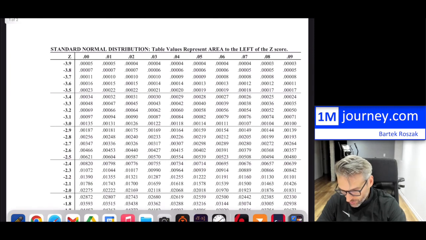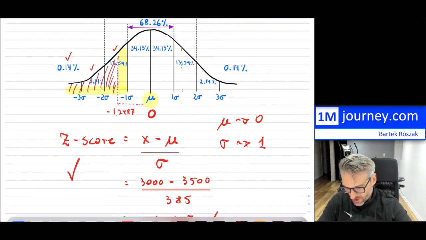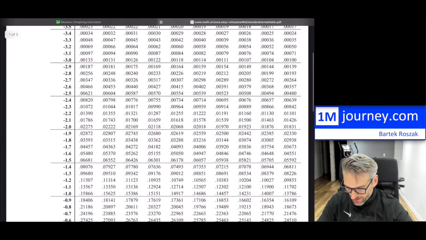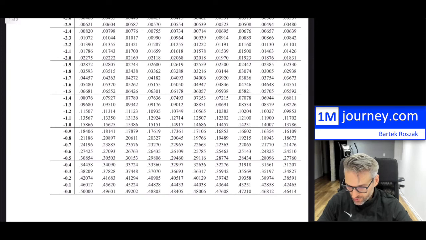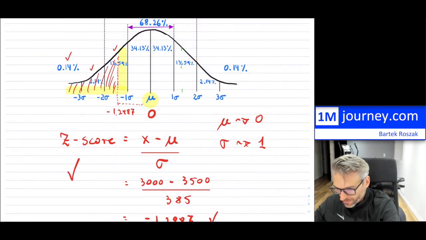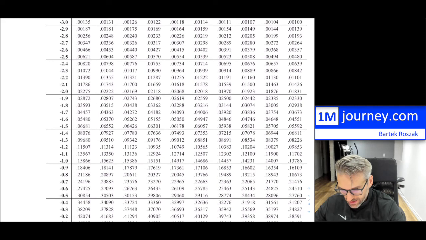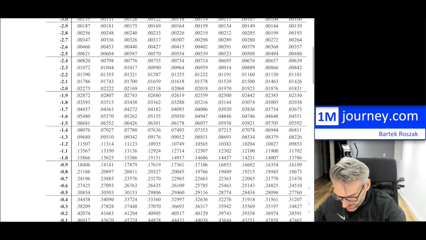So what are we searching for? Negative 1.2987, so that's what we want. So we're going to go, negative 1, we are right here. Let me highlight this so you can see. So negative 1.2, right here.